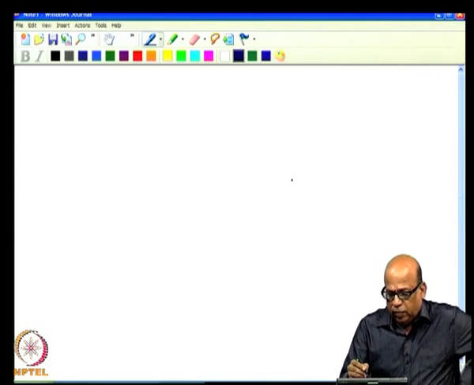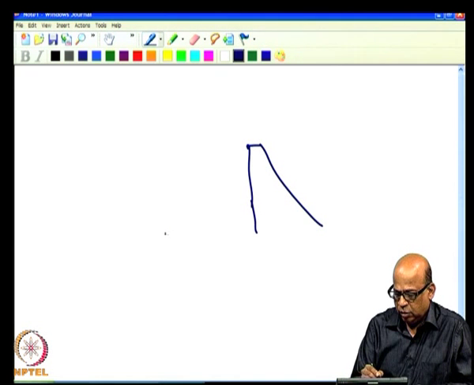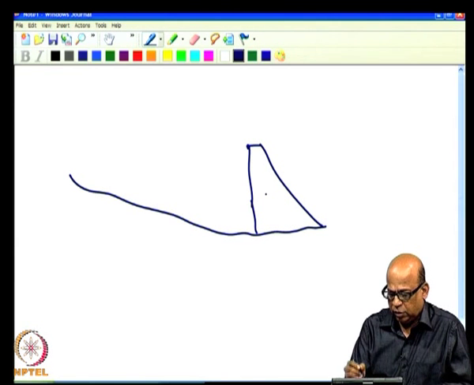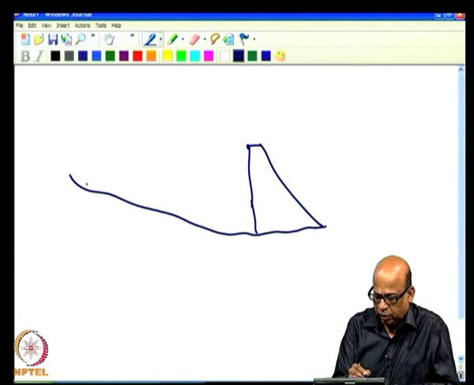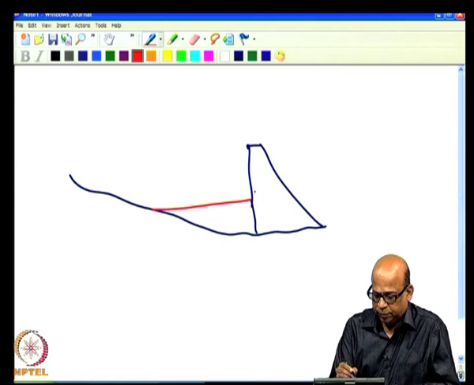You have a reservoir, and by reservoir I mean there is a storage structure, this is the dam, and then upstream of that you have stored the water, and this is the reservoir. Then from time period to time period the storage is changing. Let us say that this is St and this is St plus 1.